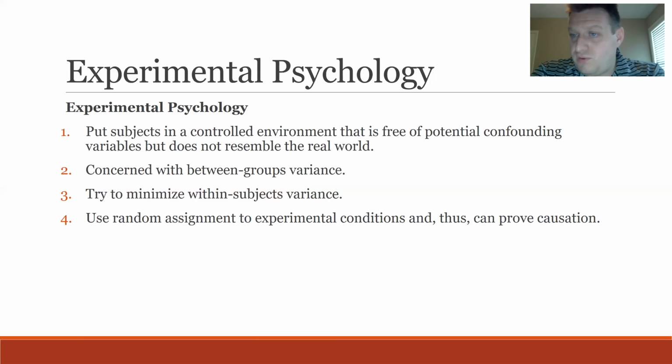And because we do this, we are comfortable in saying that if there's a difference between our two groups, since we used random assignment, then it is truly the case that the independent variable causes a difference in the dependent variable. This is important. Experiments are the only way that we can prove causality, that a change in the independent variable truly causes a difference in the dependent variable. Experimental psychology is the only way to prove causality.